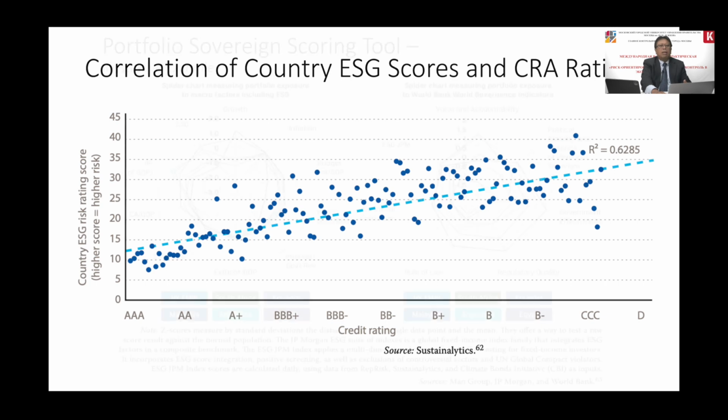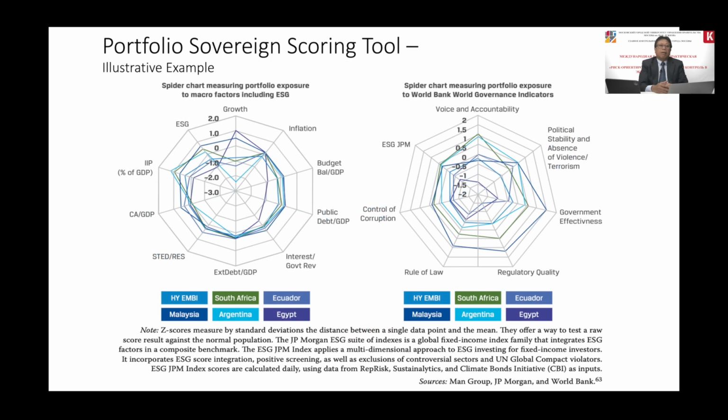Then, if we look here again, there are two illustrative examples of how ESG factors have been incorporated in measuring the portfolio sovereign scoring. It shows a spider chart on my left hand side measuring portfolio exposure to macro factors including ESG, which is shown here as 0, meaning not much is observable.